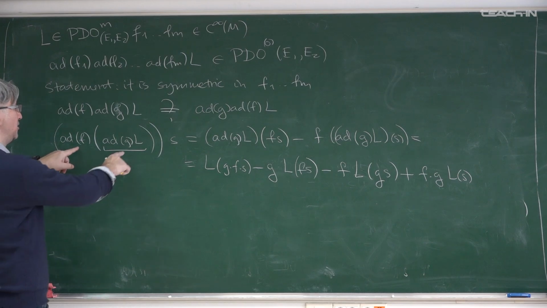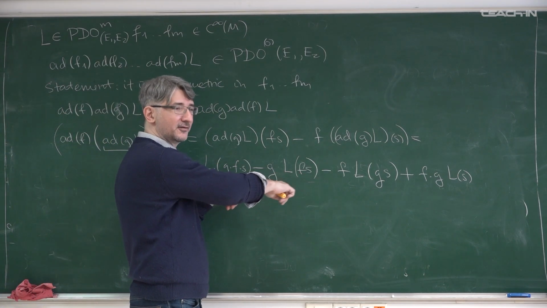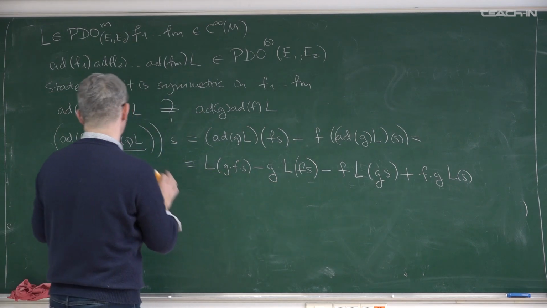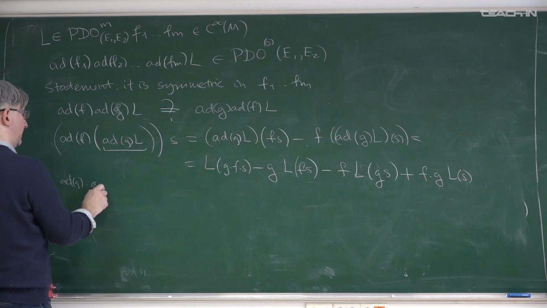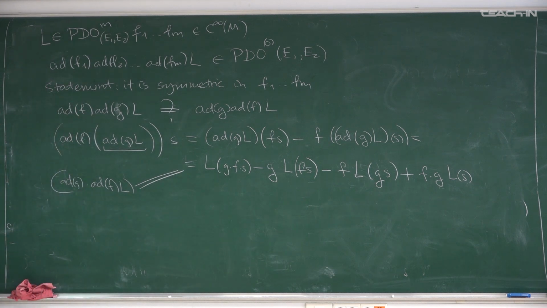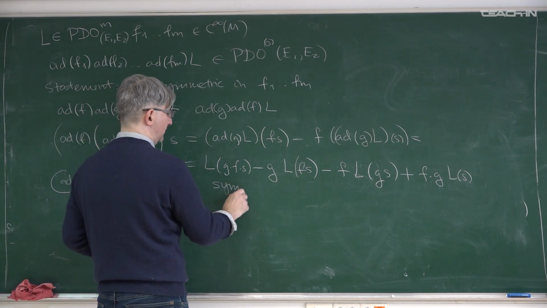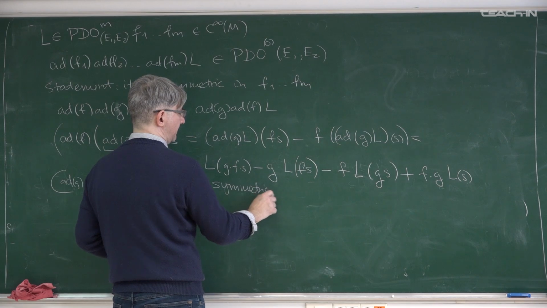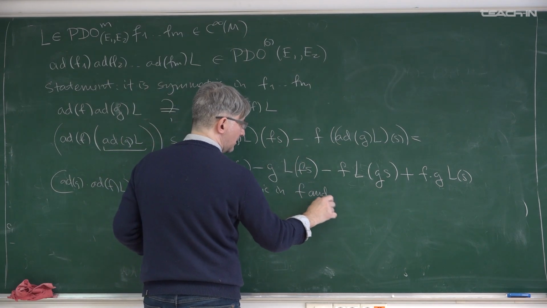If I interchange here f and g, then I interchange f and g here, and nothing happens. Yes. Well, very good. So if we start from this guy, this gives you exactly the same answer. Very good. Okay. This guy is symmetric in f and g.